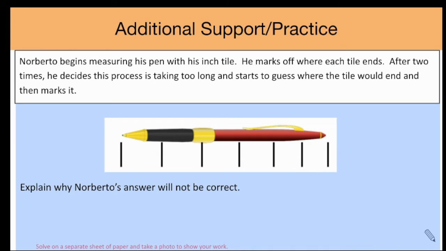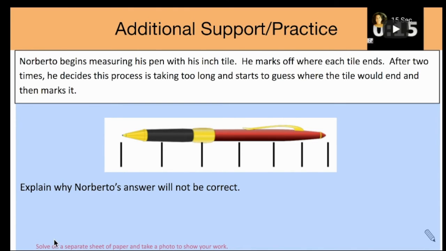Let's look at another example from today's lesson. Read with me. Norberto begins measuring his pen with his inch tile. He marks off where each tile ends. After 2 times, he decides this process is taking too long and starts to guess where the tile would end and then marks it. Explain why Norberto's answer will not be correct.